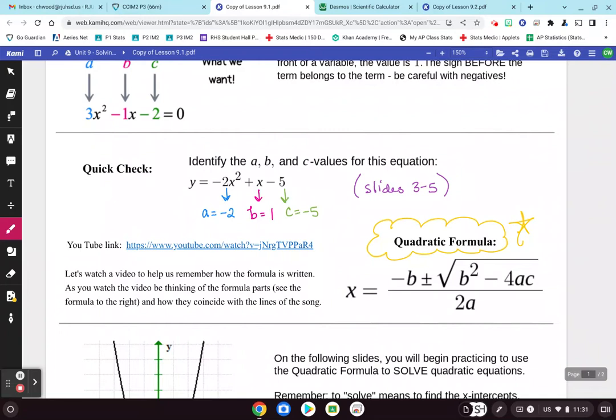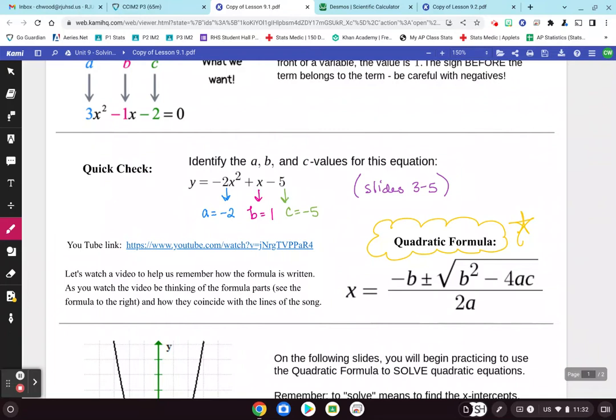And then on these notes pages, there's also a video for a different one. It's another song one, Rolling in the Deep by Adele, if you wanted to watch that one. In the video you can't click on it, but if you go to the link that I share on Google Classroom for your notes pages, you should be able to click on it from there if you're interested in watching that one.